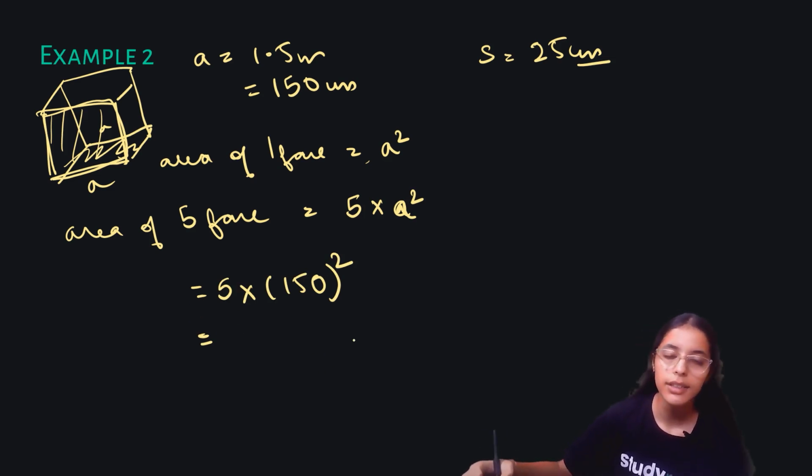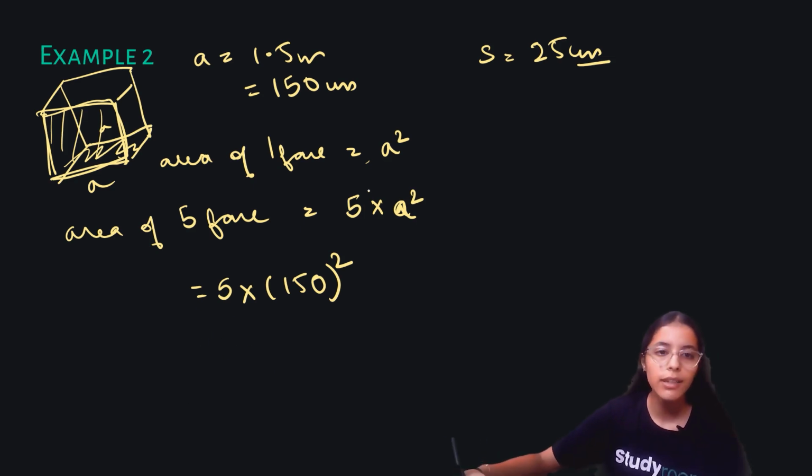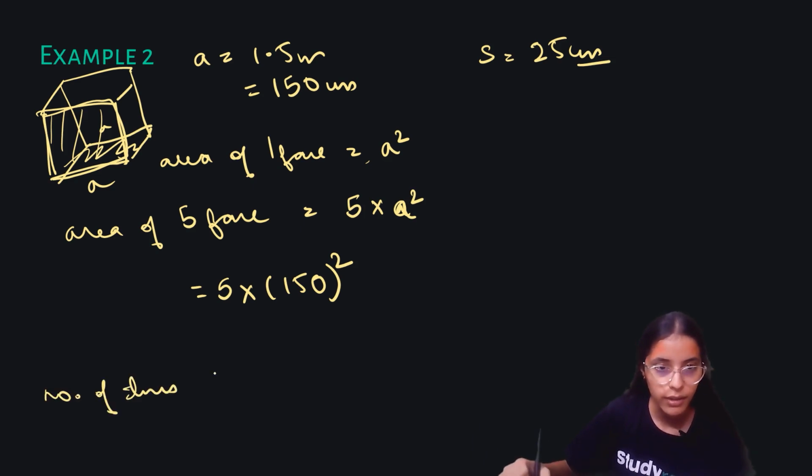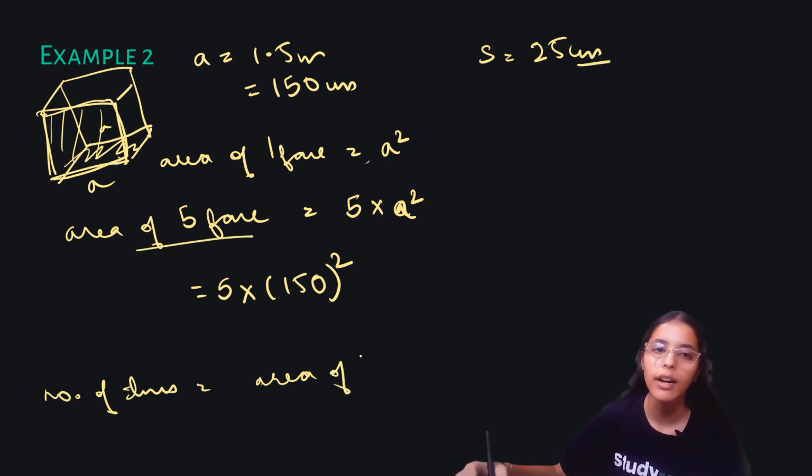We can calculate it, there is nothing wrong, but if we leave it like this, it will be easier for us to cancel, since we have to convert this into a fraction to find the number of tiles. We know the formula: the number of tiles is the area of 5 faces upon the area of a tile, because it was the area excluding the base.